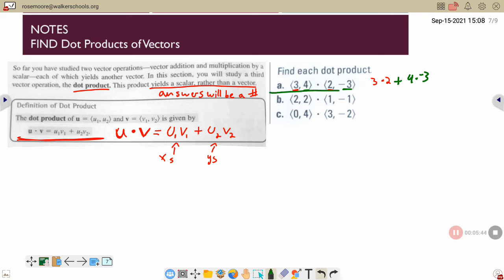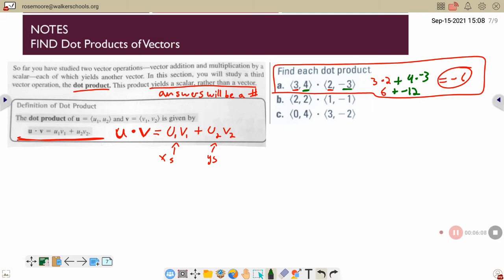We'll make sure you know that this is A. 3 times 2 is 6, and I'll be adding negative 12. So 6 plus negative 12 equals negative 6, and that is the answer to the first problem. That is all you do.